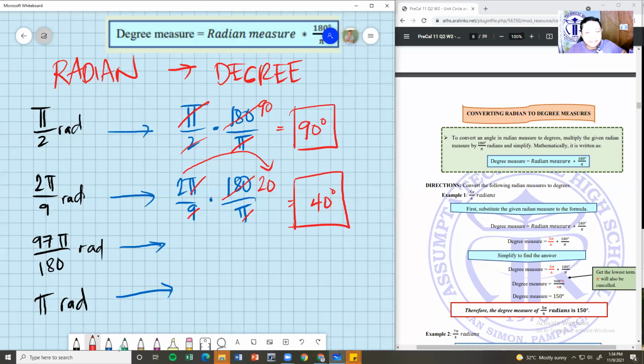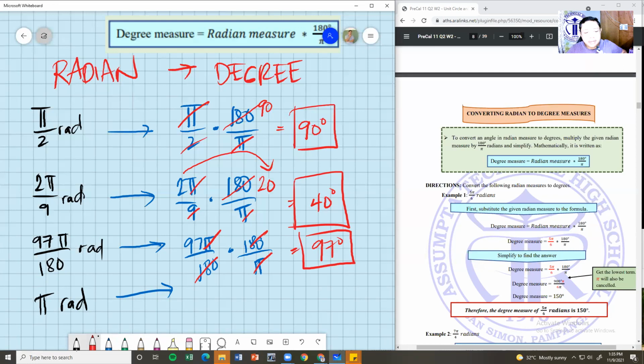Correct? Similarly, with 97 pi over 180 multiplied by 180 over pi. So pi is equal to 97 degrees. That's what's left.